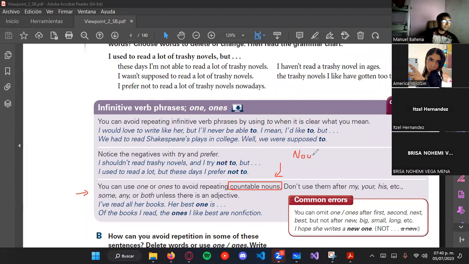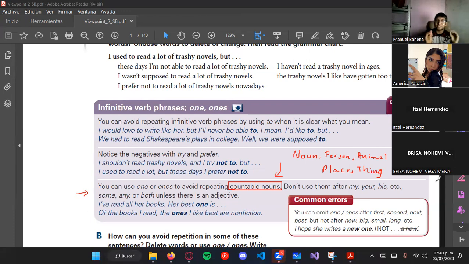A noun can be a person, an animal, a place, or a thing. Okay? It can be a person, animal, place, or thing.